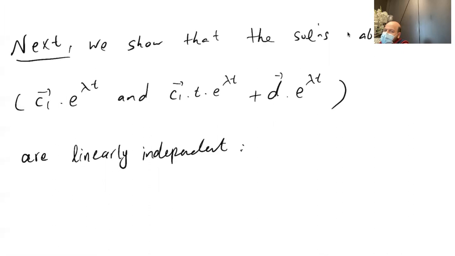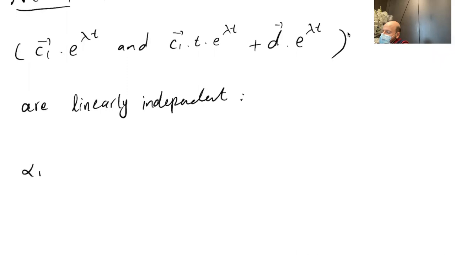So how can I show that two solutions are linearly independent? I have to assume that some linear combination is zero. Let's say alpha 1 times first solution plus alpha 2 times second solution is zero. And then I have to show that alpha 1 and alpha 2 are zero.